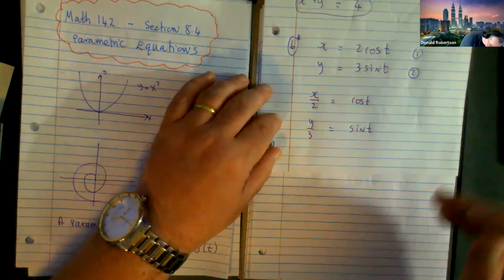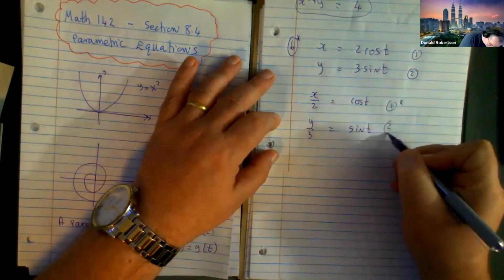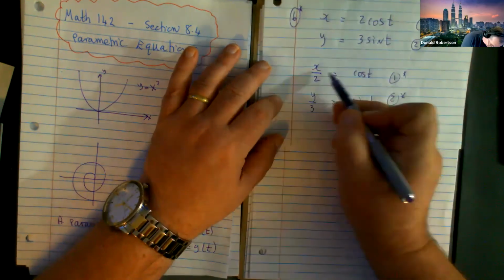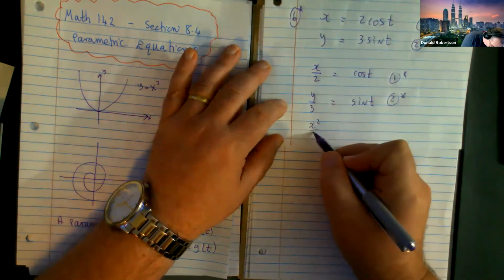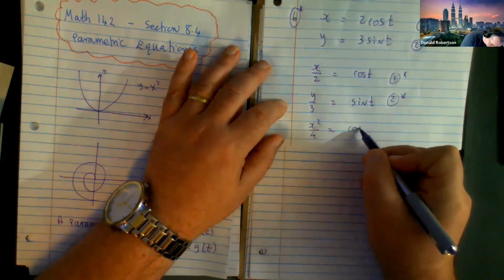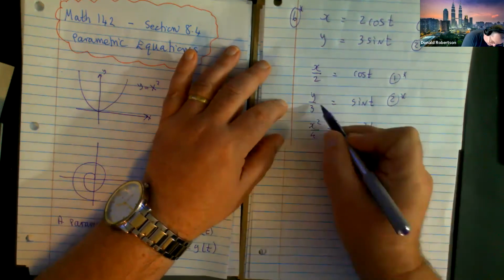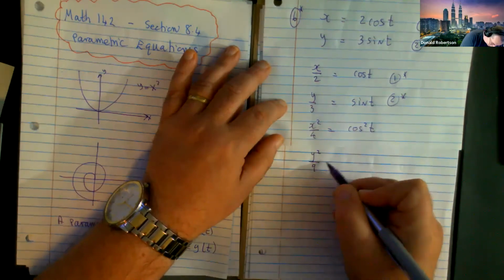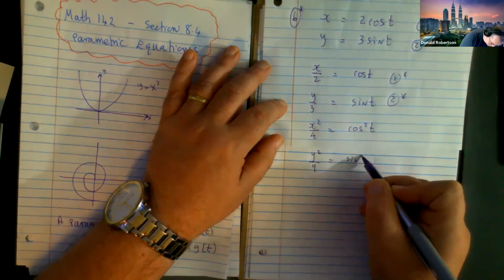I'll call them my new equation 1 and my new equation 2. Then I'm going to square each of these. So x squared over 4 is cos squared, and y squared over 9 equals sine squared.